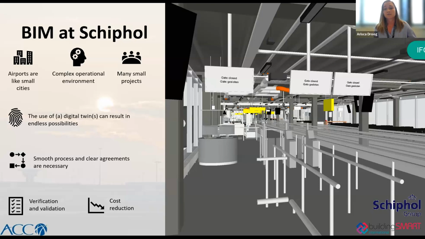Also, as mentioned, airports can have tens to hundreds of projects, both inside the terminal, but also outside on airside, for example. All of these projects are usually happening simultaneously, and they include a lot of different stakeholders. So keeping all of this in mind, Schiphol started looking at BIM and more specifically openBIM in order to optimize the exchange of correct and up-to-date information during all of the stages of the life cycle.